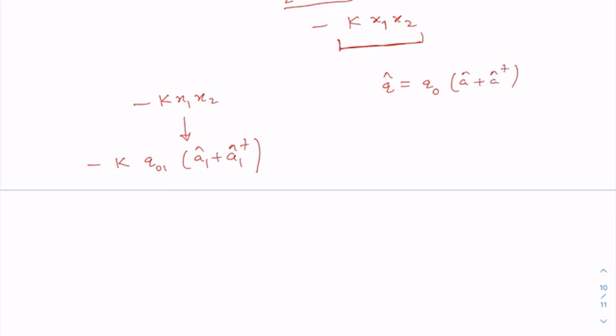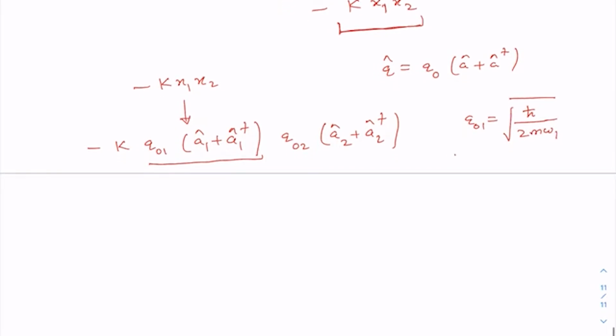Therefore x1 is represented by this, and x2 would be q02 (a2 plus a2 dagger), where q01 is the square root of h cross divided by 2 m1 omega 1. That is the zero-point fluctuation for the first oscillator, and q02 is h cross divided by 2 m2 omega 2. So this is what we have.